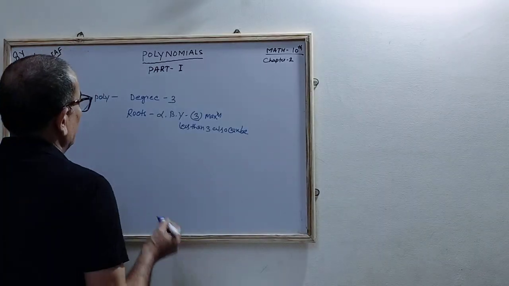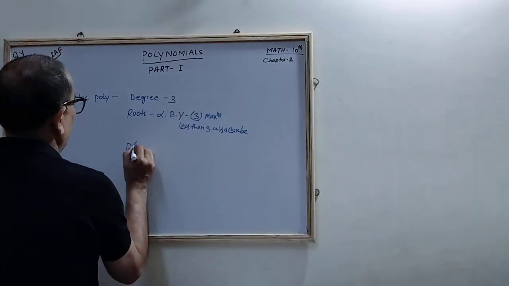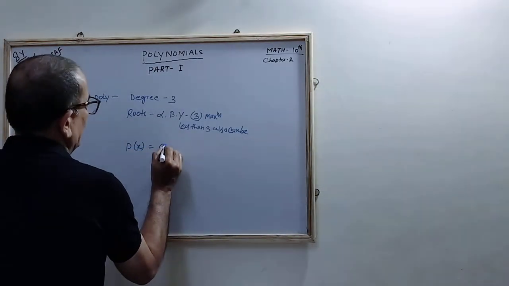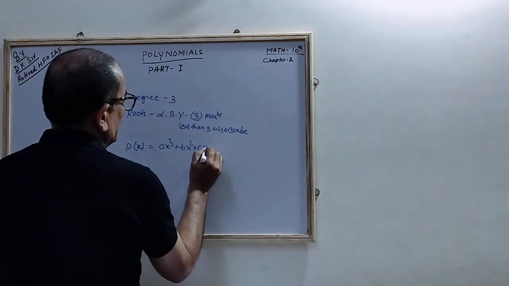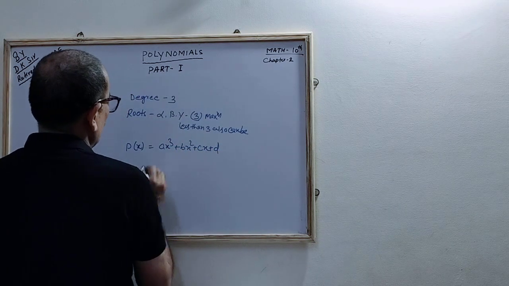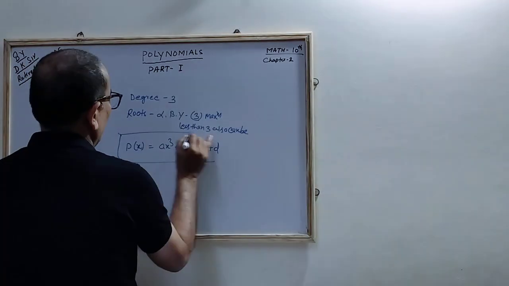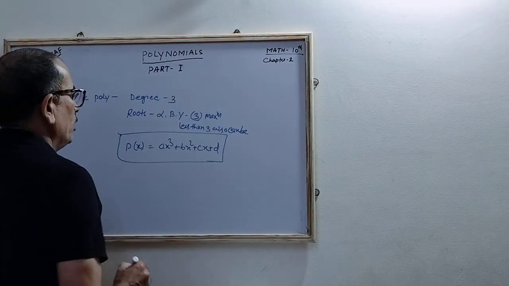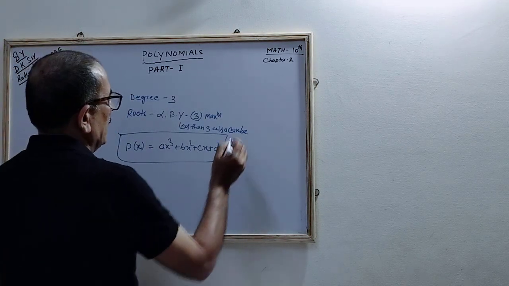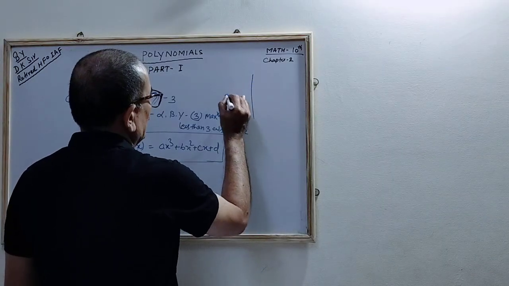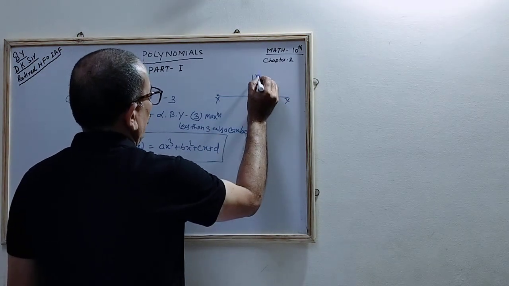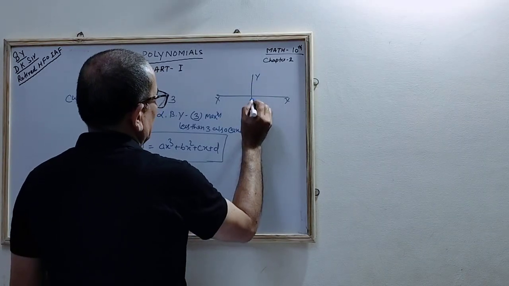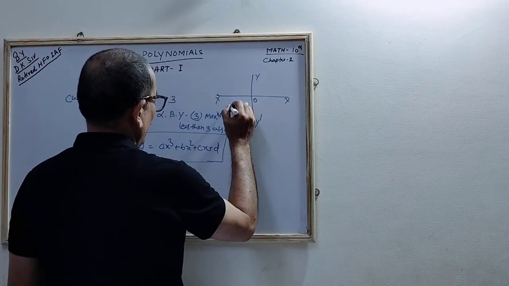If it is 3, the standard formula you know it. The p(x) is equal to ax cube plus bx square plus cx plus d. Understood? This is the standard formula of the cubic polynomial. Normally, if you draw it and it intersects at 3 values, then normally you will find that the shape will be like that.